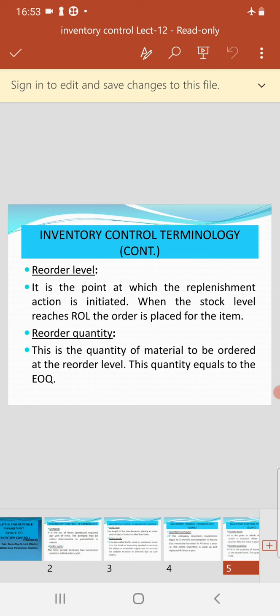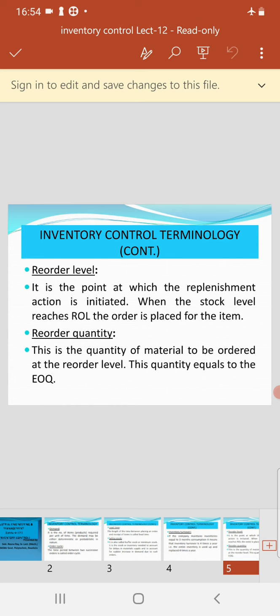Because there is a time gap between placing an order and receiving it, to maintain no interruption in manufacturing during that time, you have to find out the reorder level. Once the quantity reaches that level, you have to start ordering.